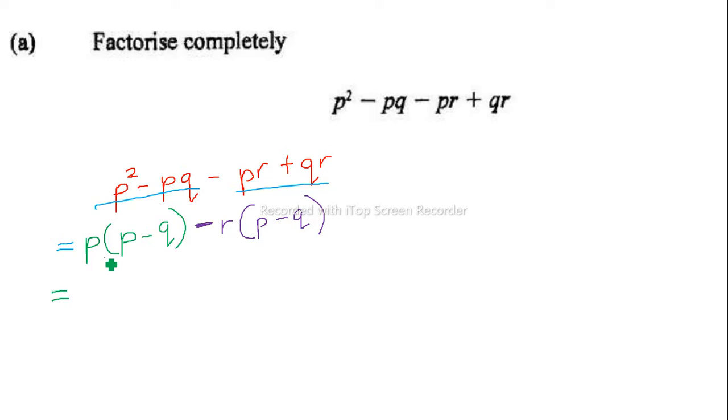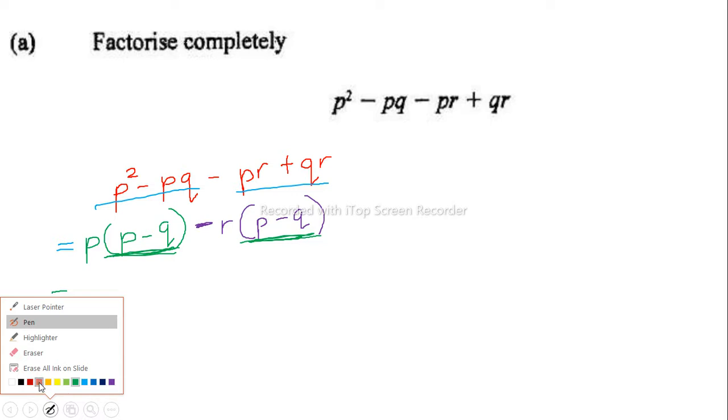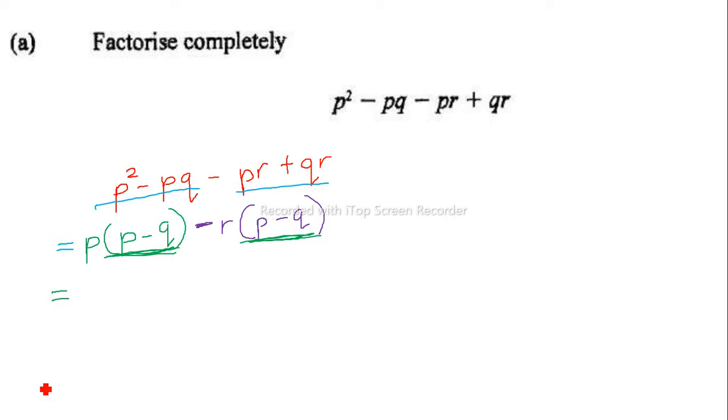Alright, so next up, it's going to be equal to, remember that this is the same thing as that, right? So we could bring them together. They're the same thing, we could pull that out. You could go back to the step you did to put that q there. What is r times p? pr.